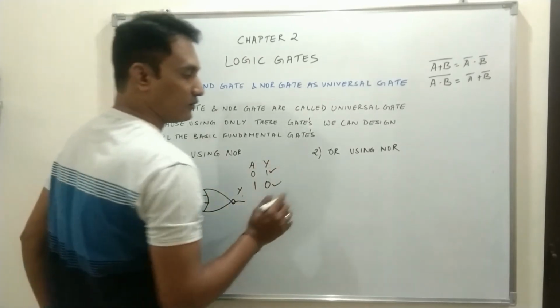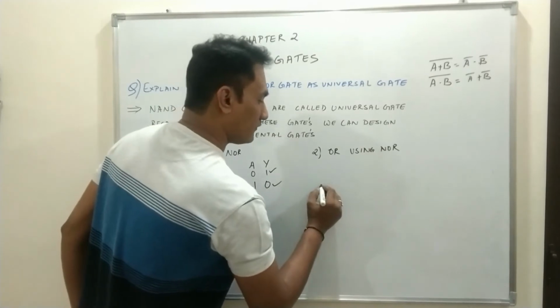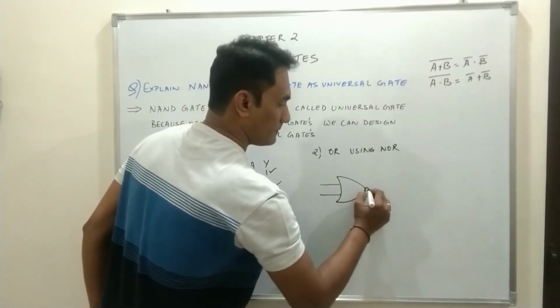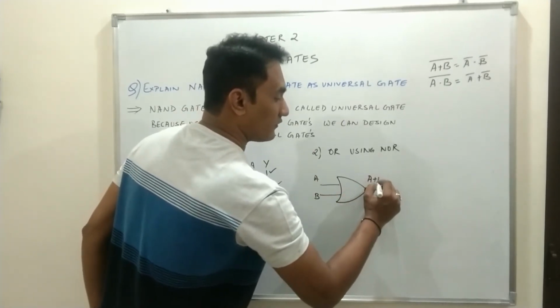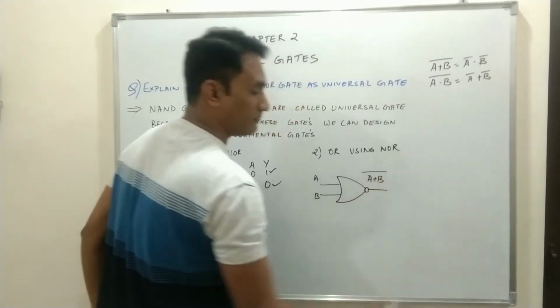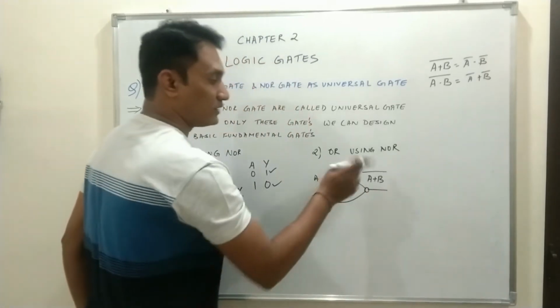So that is what we are going to do here to design OR using NOR. First you draw a NOR gate. This is A, this is B. The equation for the NOR gate is (A plus B) whole complement, and then complement this again so that you get OR.